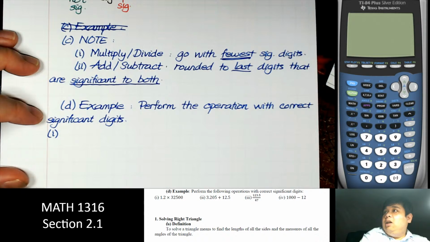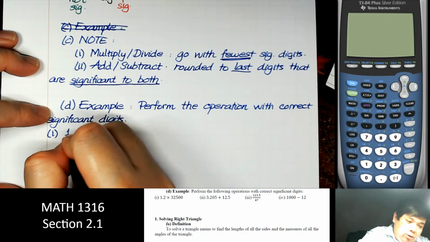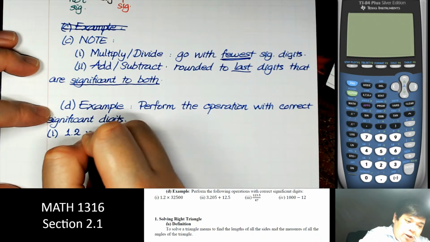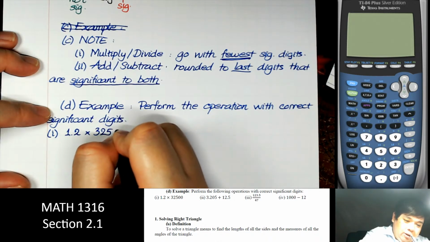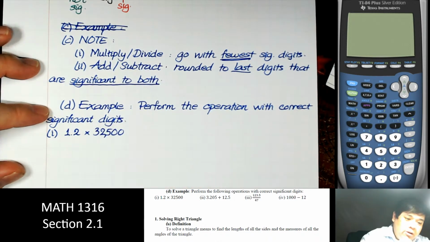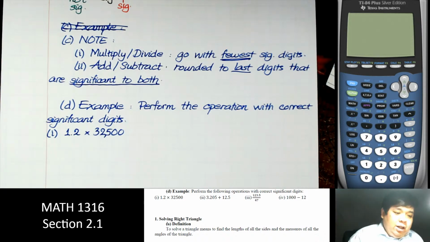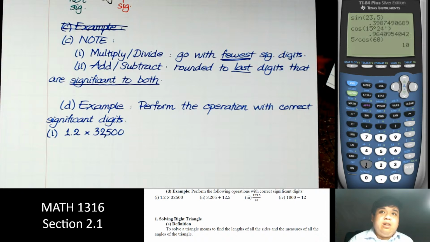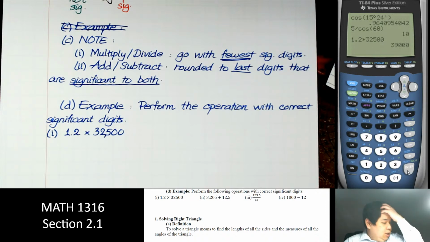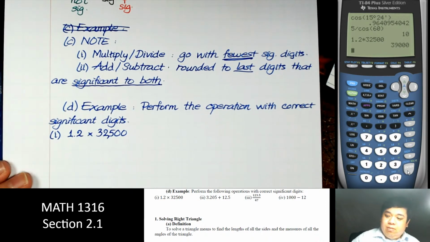First, we have 1.2 times 325 hundredths. Right. So, of course, we just multiply it. Let's say using the calculator. So that is 39,000, right?